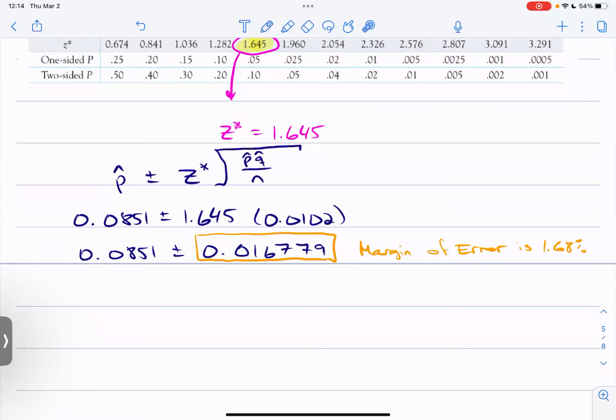Proportions, the 3 Ps, they're all the same, right? Proportions are percentages, are probabilities. In this case, the probability aspect doesn't really apply. It does, but not for us. So 8.51% plus minus 1.68%, right? Seems reasonable. That's a question.